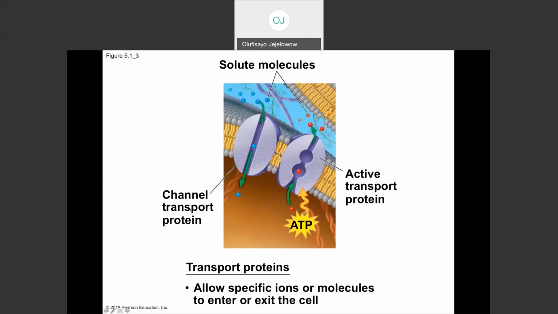The difference between passive transport and active transport: passive transport is just movement down a concentration gradient from where there are more molecules to where there is less. Active transport is moving from where there is less to where there is more, involving the use of ATP. That distinguishes passive from active transport.